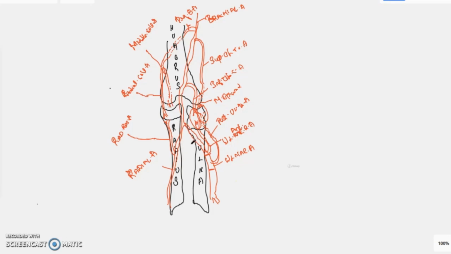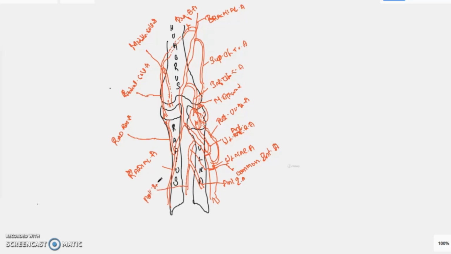Ulnar artery, it is giving a branch called common intraosseous artery. And this common intraosseous artery, again it will divide into two branches. One is anterior and another one is posterior. Imagine this as anterior intraosseous artery, and this is posterior intraosseous artery.